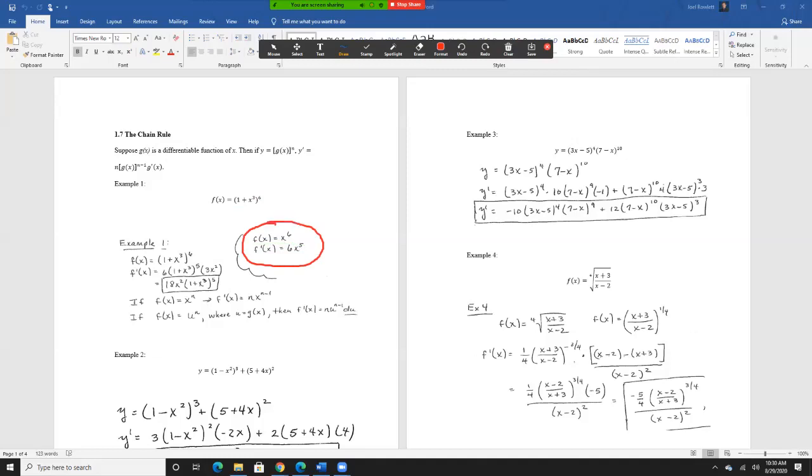But what makes this problem different is that we do not have x to the power of n, we have a function raised to the power of n. And again, if we have a function raised to the power of n, then we have to do the power rule, which is n times the function to the power of n minus 1. But we have this extra step here. We must multiply all of that by the derivative of the function. So let's do that now.